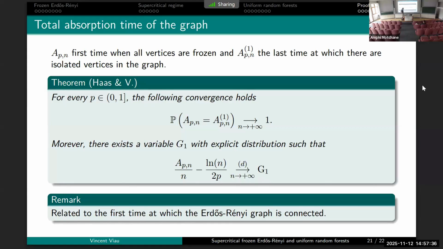So it depends on p and on the fluid limit of the number of frozen vertices, but we can compute everything for this limit distribution. I just do not remember what appears exactly in the limit, but I know that we computed more or less everything.